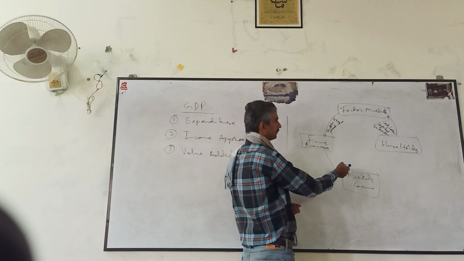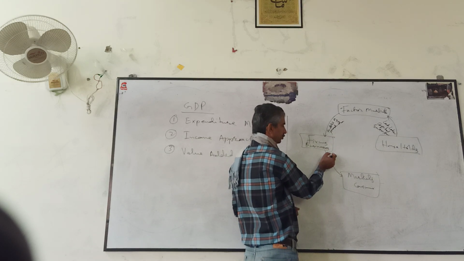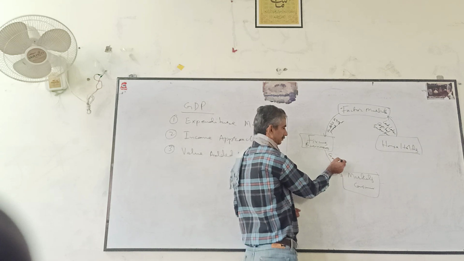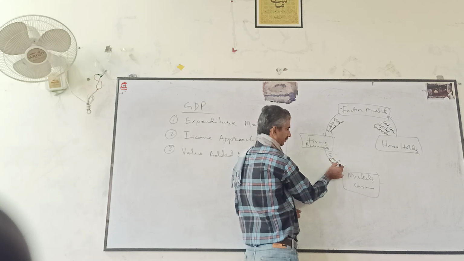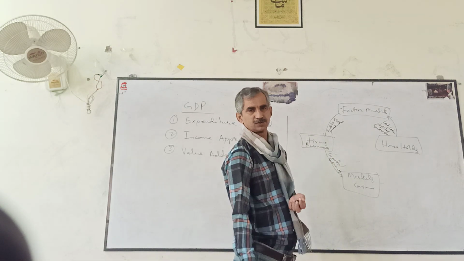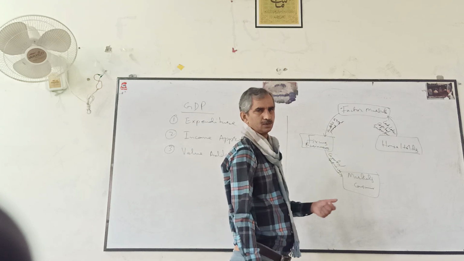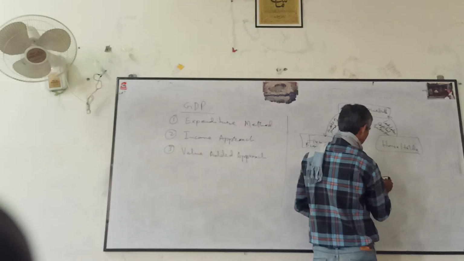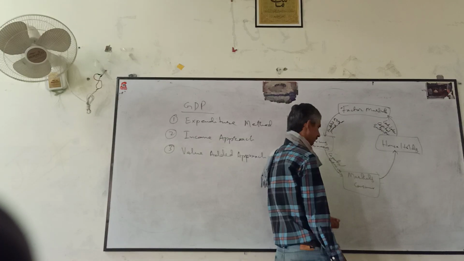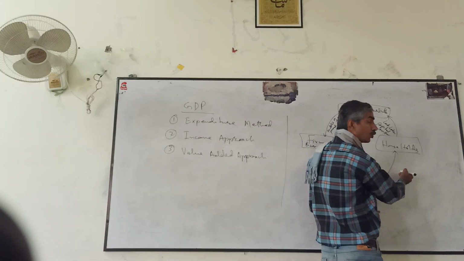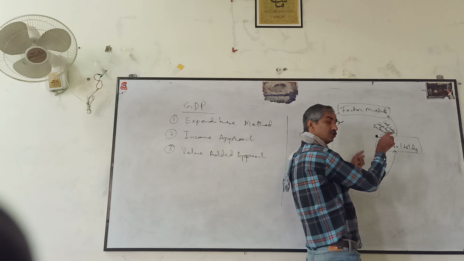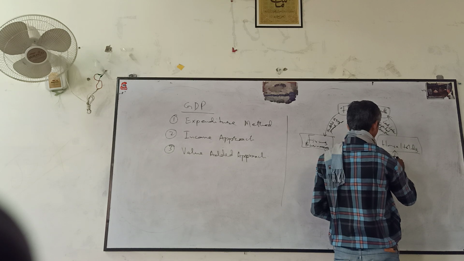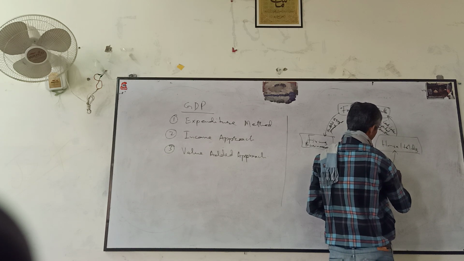So the firms convert the inputs, the factors, into goods, and these goods and services are sent to the consumer markets for purchase, from where the buyers can purchase them. And then again, these goods are purchased by the households. Actually, they are the producers, and they are also the consumers or users of all the goods. So they purchase the goods, and they also purchase the services.